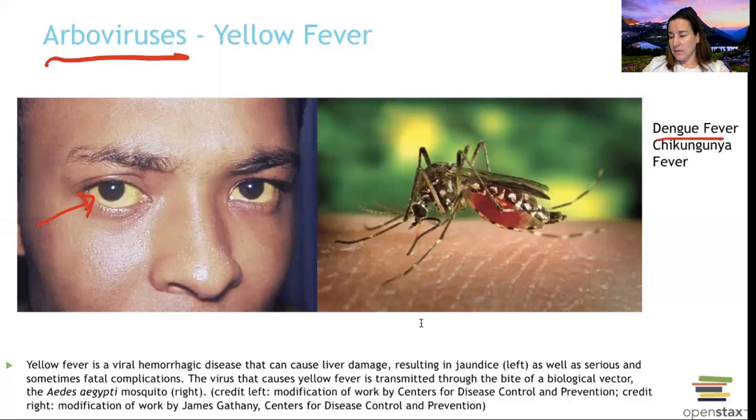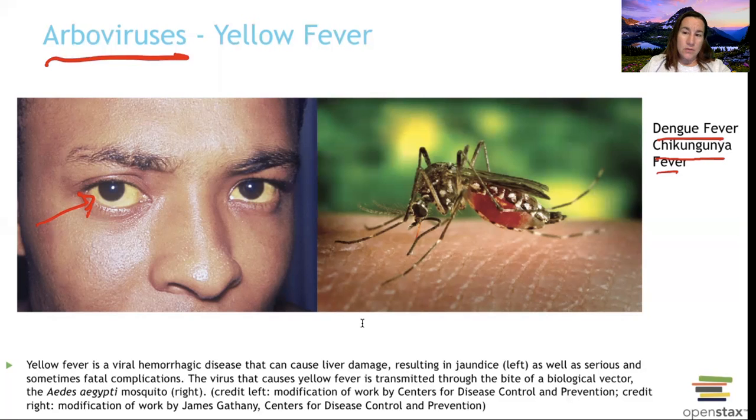Our last arbovirus is, I'm going to slaughter this name, it's going to be terrible, chikungunya fever? Chikungunya? I hope I'm saying that right. CHIKV is the virus, and it is, again, spread by mosquitoes. It's going to cause fever, rash, blisters, joint pain, and this one lasts for months.